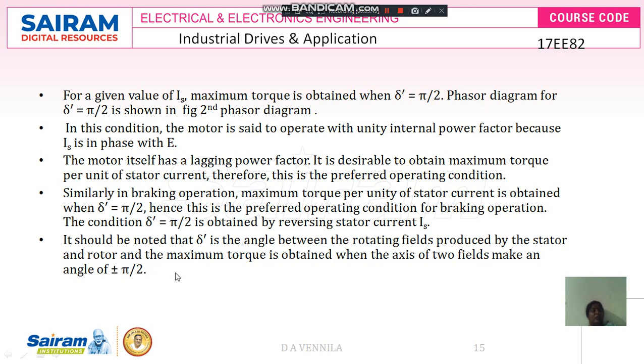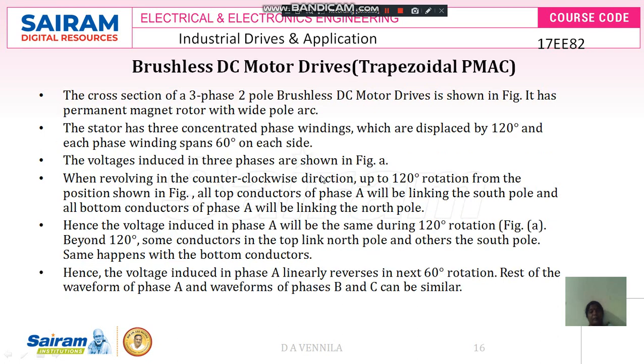Delta dash is the angle between the rotating magnetic field produced by the stator and the rotor, and under this condition you will get the maximum torque.